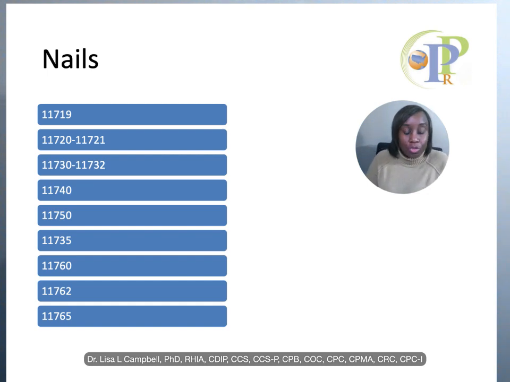On page 101, we have codes for nails, and that would be fingernails as well as toenails. These codes are differentiated by what's actually done to the nails, whether it's trimming, debridement, or avulsion of a nail plate. So take some time to review these particular codes.